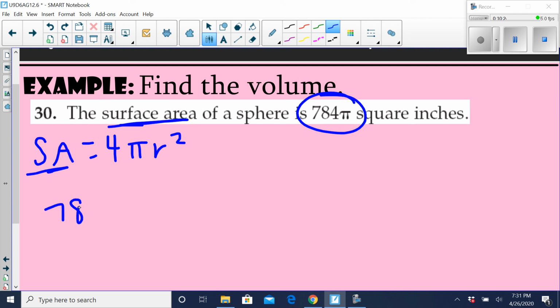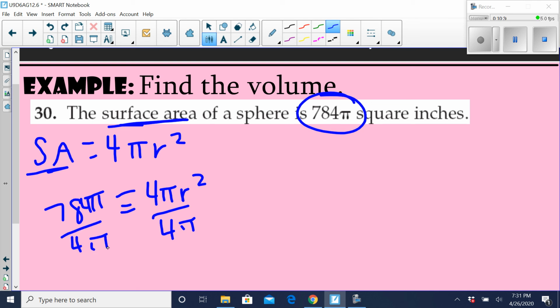So I'm going to say 784 pi is equal to 4 pi r squared. I want to figure out what the radius is. I could really divide by 4 pi if I want to. What happens? 4 pi's cancel. So if I just take 784 and I divide by 4, I end up with 196 is equal to the radius squared. From here, I take the square root, and I'm going to find the radius to be 14.